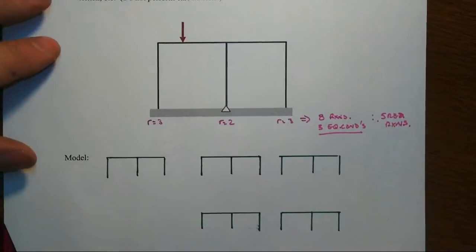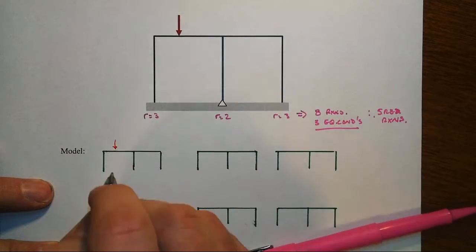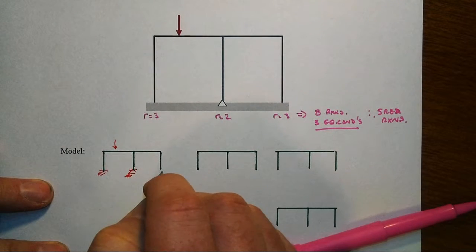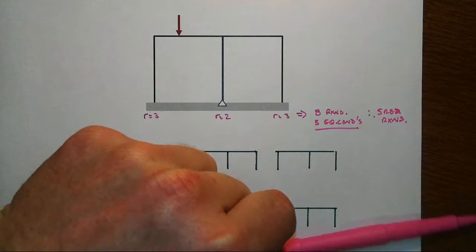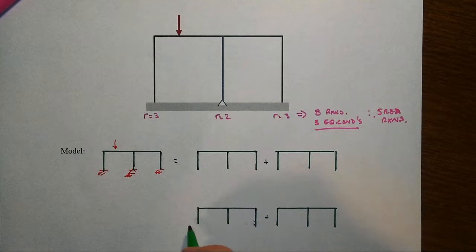Right, so we're going to relax all 5 of those. So this real system, the fixed-pin-fixed condition, is going to be thought of as a superposition of 6 different systems.